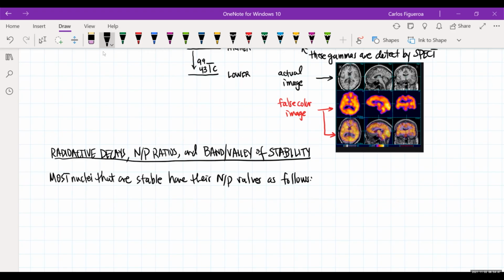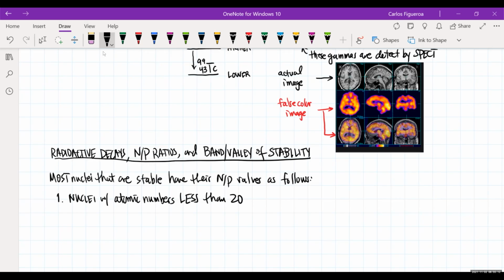So here we go. The first range here is nuclei with atomic numbers less than 20.